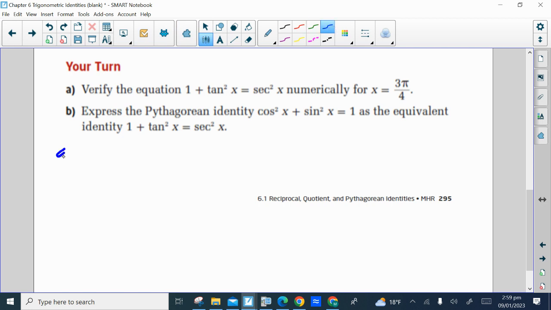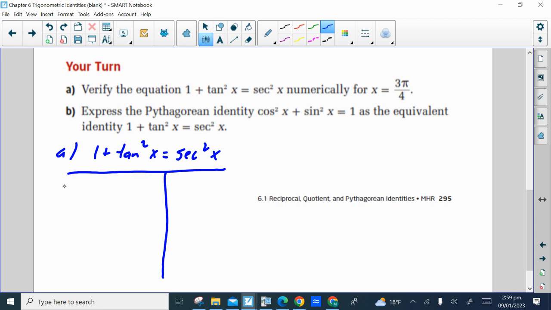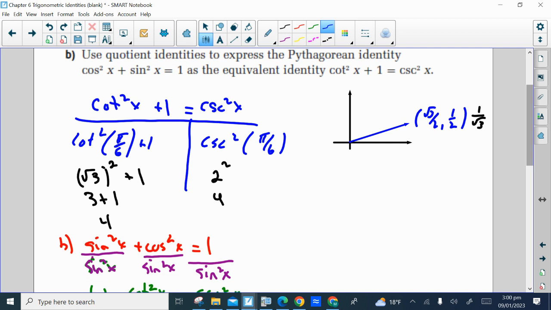So part A, starting with this equation, and let x equal 3 pi on 4.